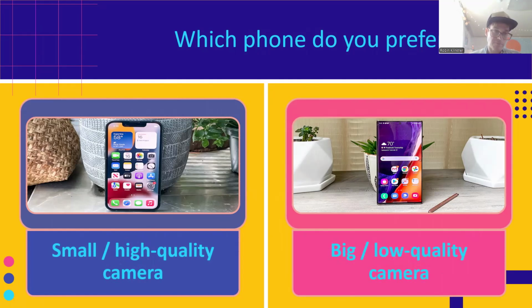I'm sorry, these phones. You'd say, oh, I prefer a small phone that has a high quality camera over a big phone that has a low quality camera. So we can add that adjective clause, that has a high quality camera, that has or which has a low quality camera, to identify which thing, which noun we're talking about.